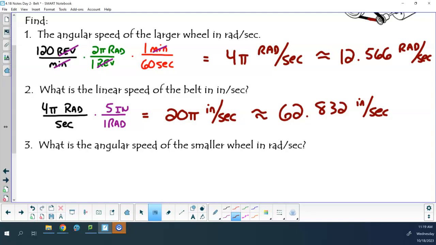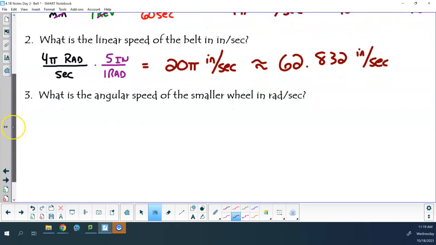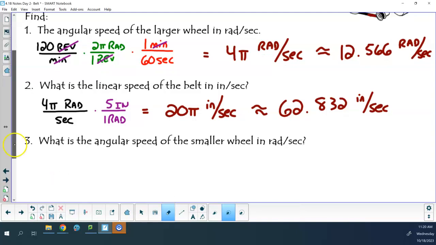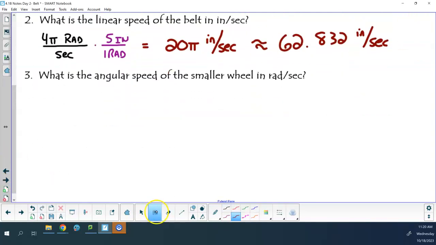Now, because that would be the linear speed of the smaller wheel too, based off of that we can find the angular speed of the smaller wheel. So the belt is traveling at 20 pi inches per second.